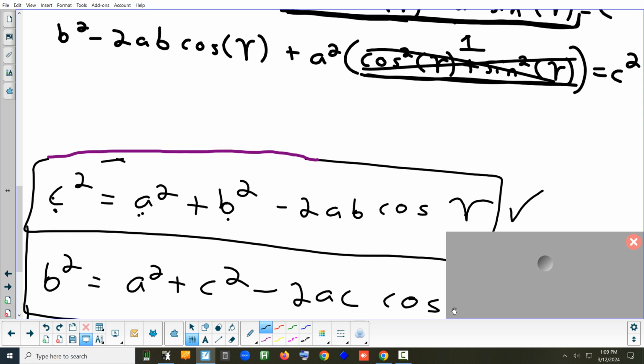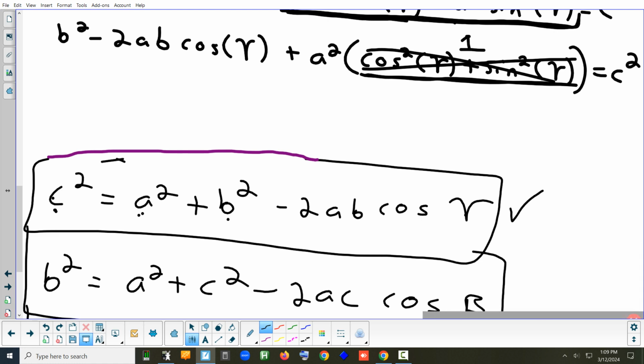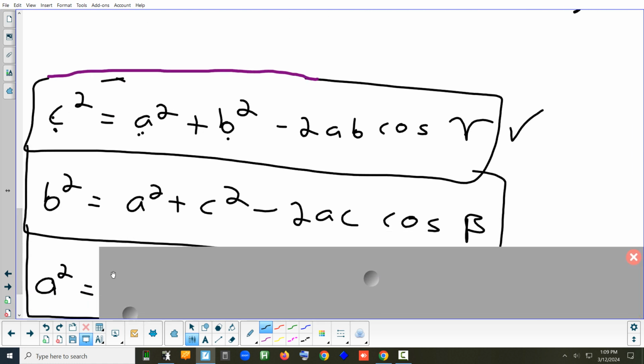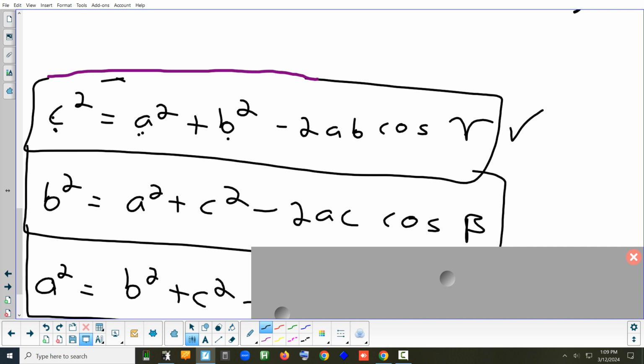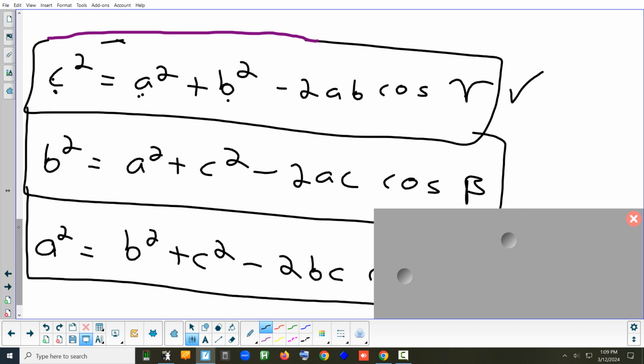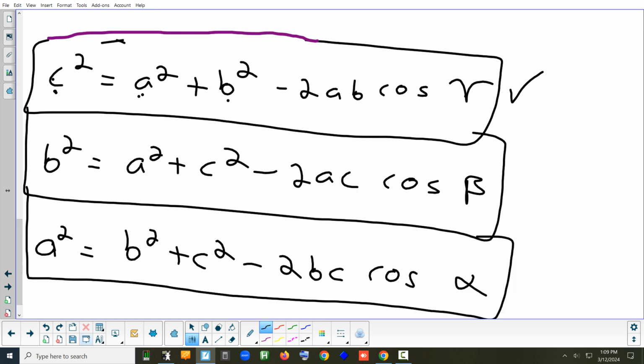Perfect. And what if you started with a squared? What do you think I'd have right after that? B squared plus c squared, minus 2 times bc, cosine of alpha. Yep, exactly.